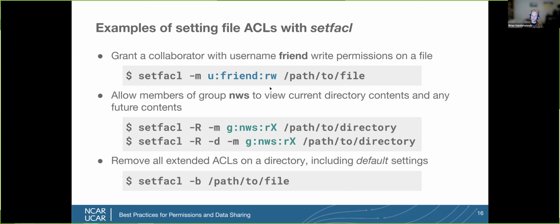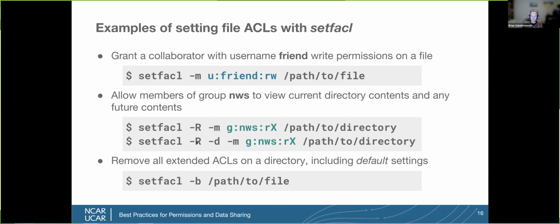So then that'll show up in that getfacl entry next time I look at it. That one particular user will have read write access, but nobody else will, depending on the other permissions that are set. If I wanted to extend this to members of a group, let's say I had some colleagues in the NWS and I wanted them to be able to view the current directory contents and any future contents, I would use this setfacl command again.